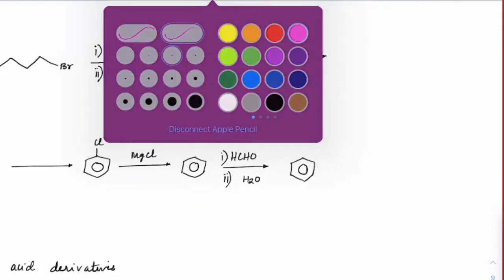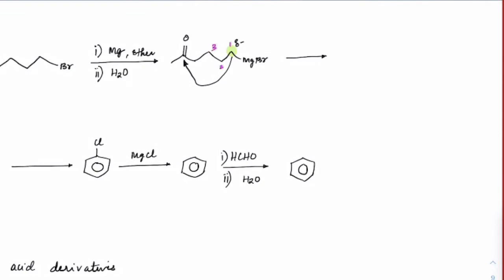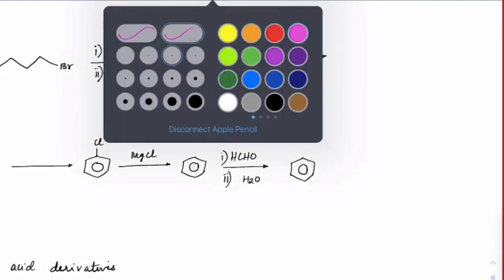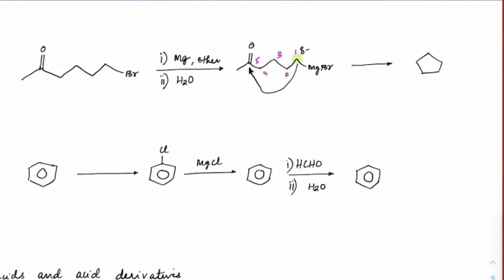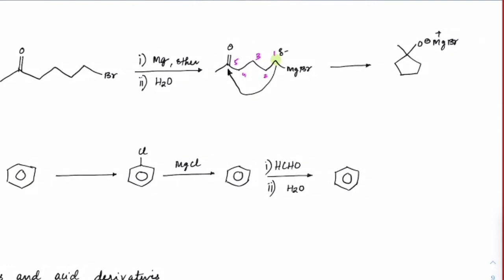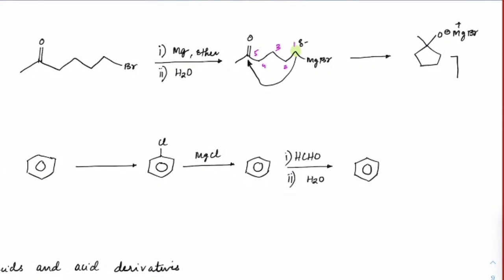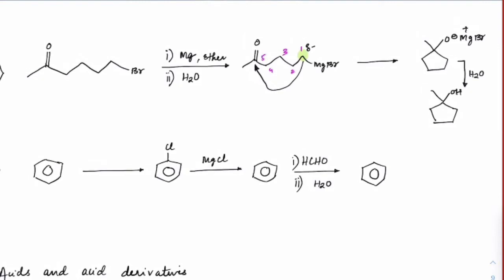If you number that, this is carbon 1, 2, 3, 4, 5. So a 5-membered ring is forming here, with a methyl group present on it and O minus MgBr plus. This adduct formation is seen. And then on hydrolysis, we will get this OH. That would be the final product.